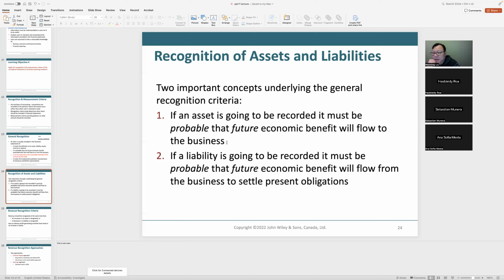If a liability is going to be recorded, it must be probable that the future economic benefit will flow from the business to settle the present obligation. Okay, so suppose you are a construction business.